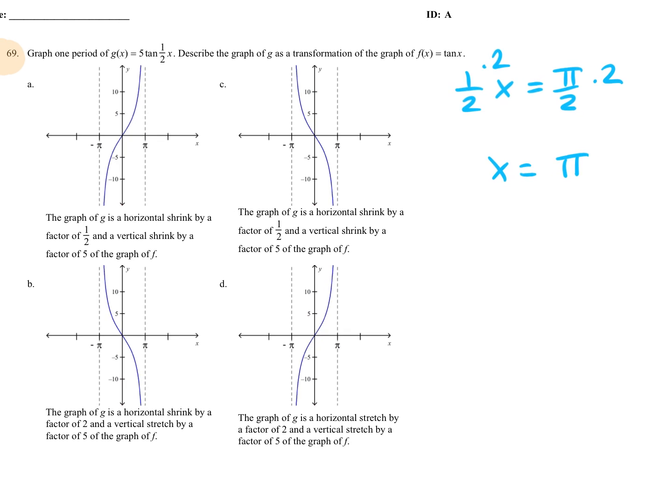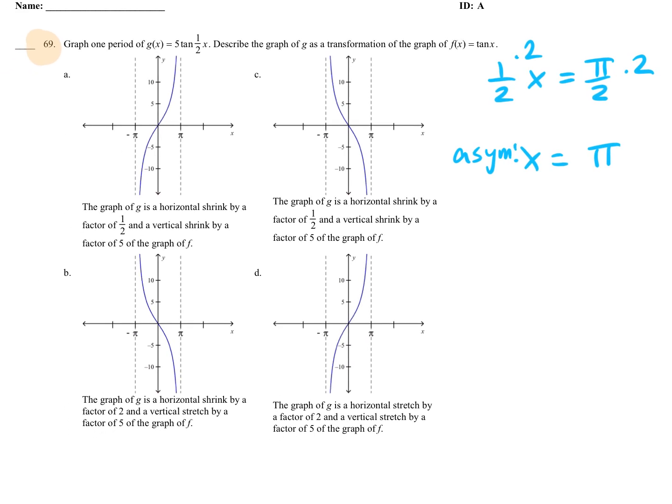So our asymptotes would go through pi. So that would be all of them, actually. It's positive, so we know that our graph is going to be increasing. So we can eliminate B and C. Now let's see what the difference is between A and D.